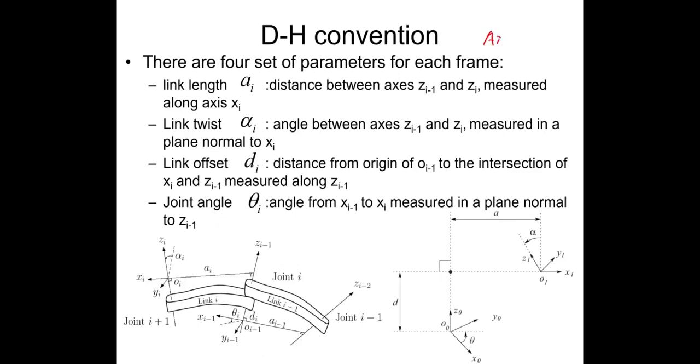Then we can calculate the final T, which is our final goal. So what are the four parameters? The first parameter is ai. ai is the distance between zi minus 1 and zi along the xi axis.